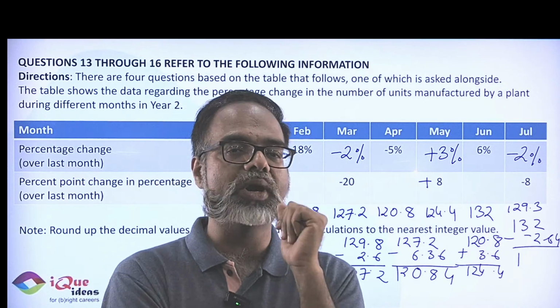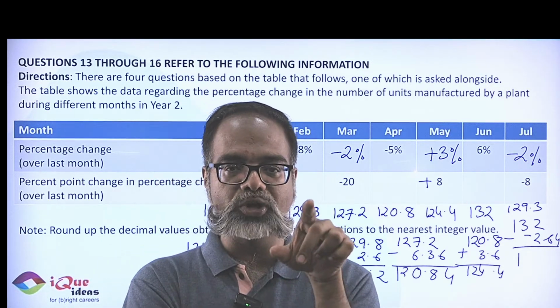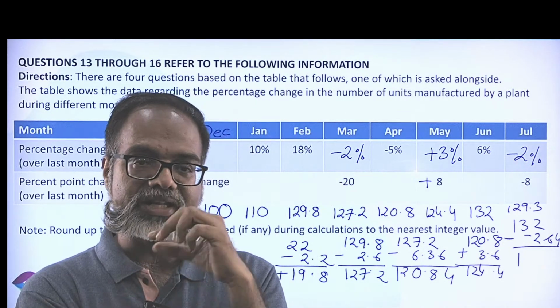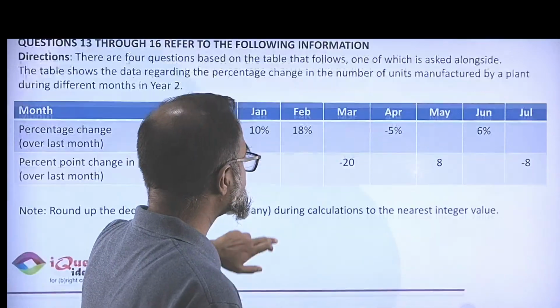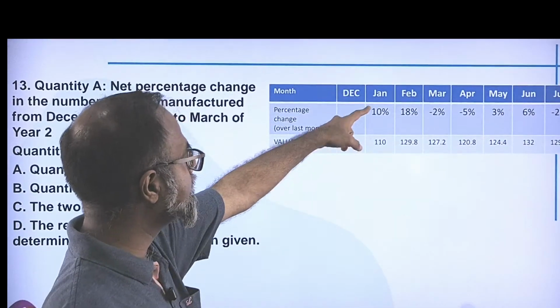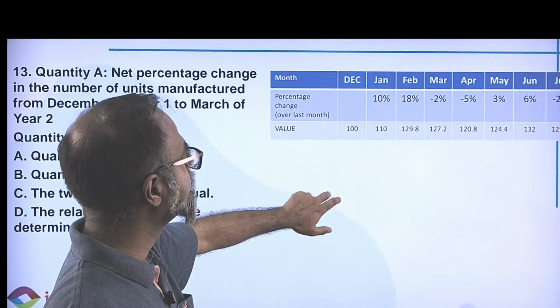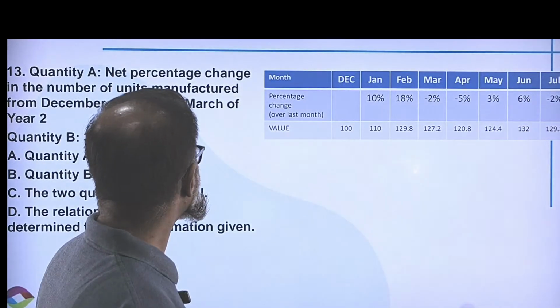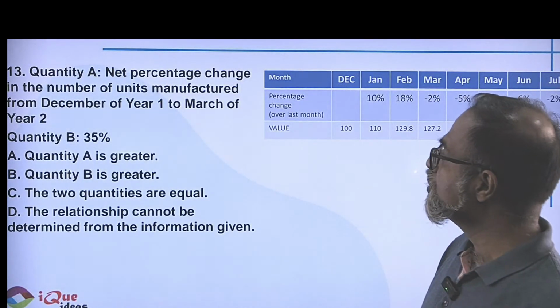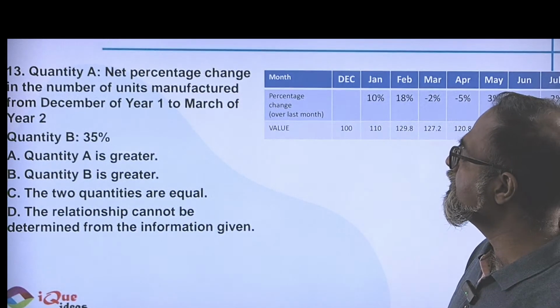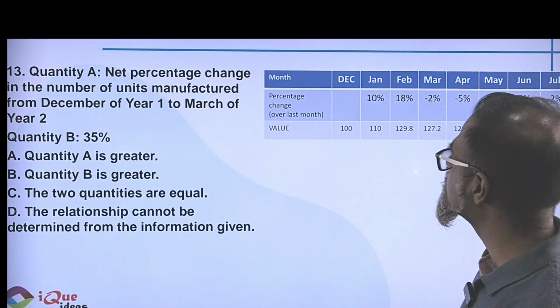Now, let's take a look at the questions. And for ease, I've actually put up these values and not the percentages in the table of each question. Okay. So the first question, and there they are, the values which I just calculated. The first question says, net percentage change in the number of units manufactured from December of year 1 to March of year 2.